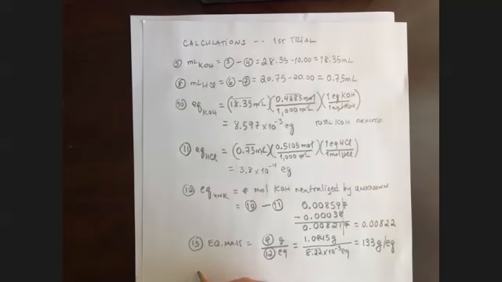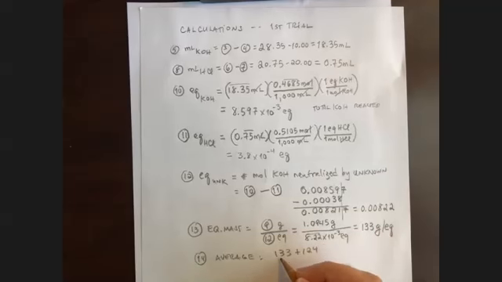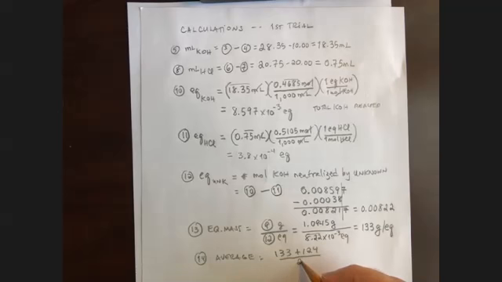This is item number 14. We're going to calculate the average. So that would be 133 plus 124 divided by 2 items. Again, don't forget that since this number represents a counting of items, it's not contributing to the significant figures here.